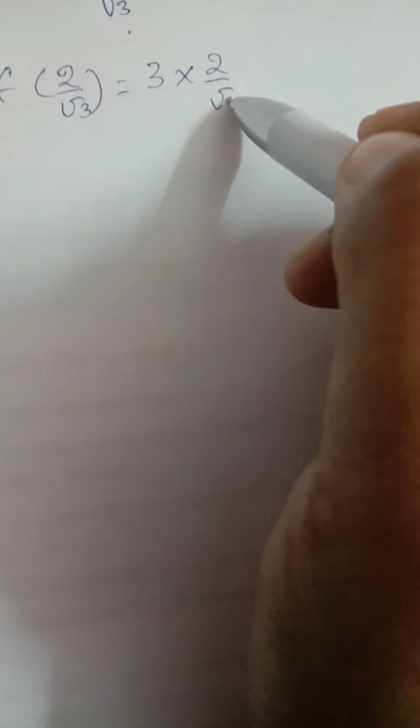F of 2 by root 3 is equal to 3 into (2 by root 3) whole square minus 1. 2 square is 4, root 3 square is 3. Minus 1. 3, 3 cancel, is equal to 4 minus 1, which is equal to 3. 3 is not equal to 0.